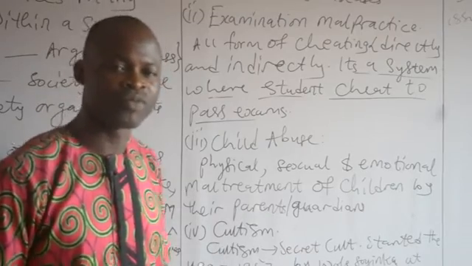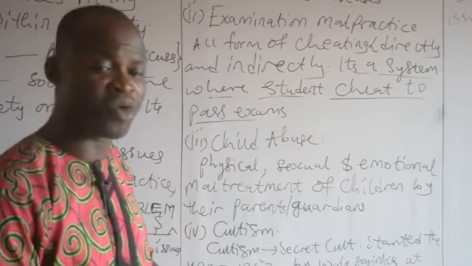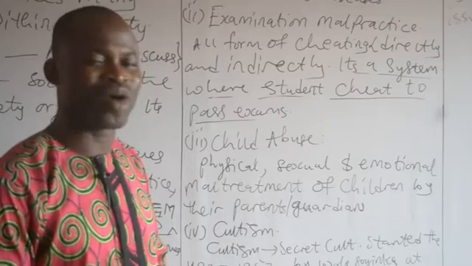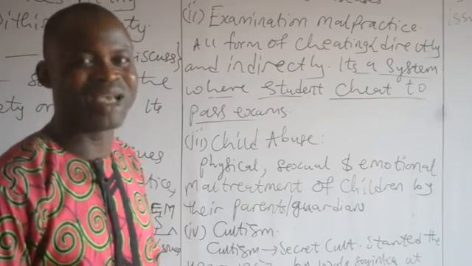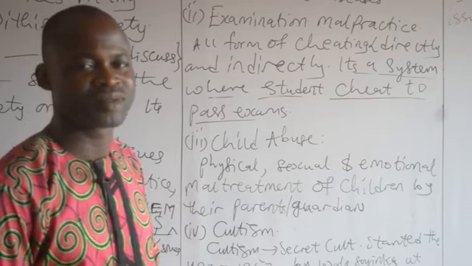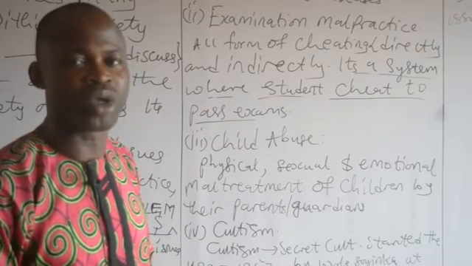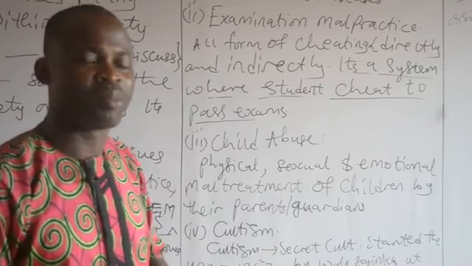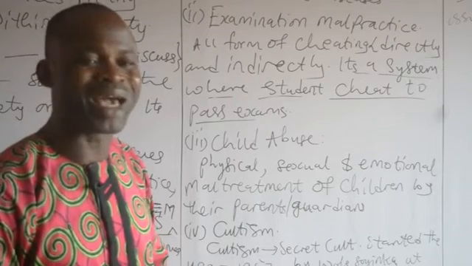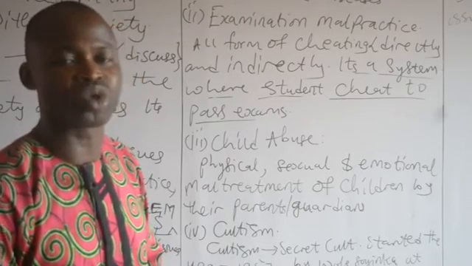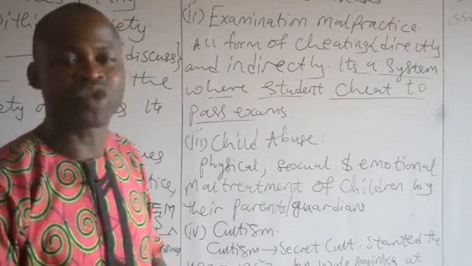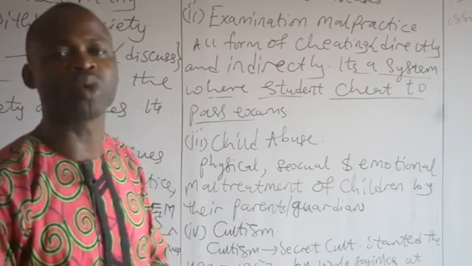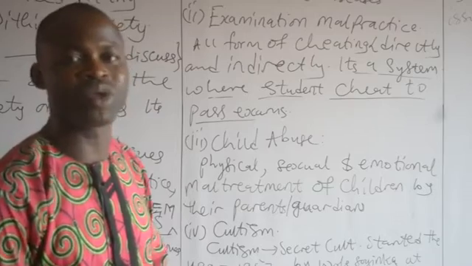The word cultism came from the word secret cults, which later changed from one level to another. It originated in the year 1952 by Wole Soyinka, who was called Capone, a leader of a group. The purpose of that group was to fight against the maltreatment of the poor. But today it has turned into something even more evil than we expected.